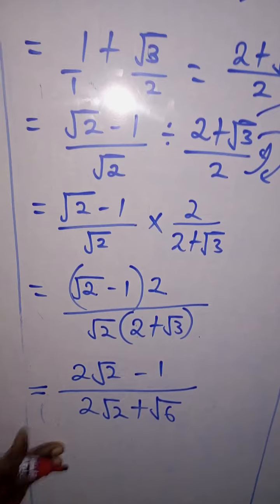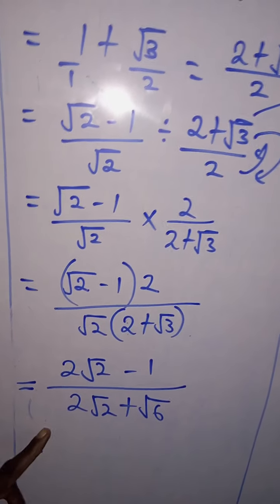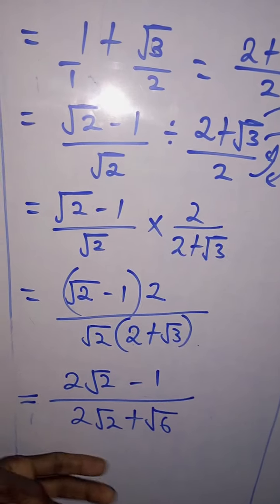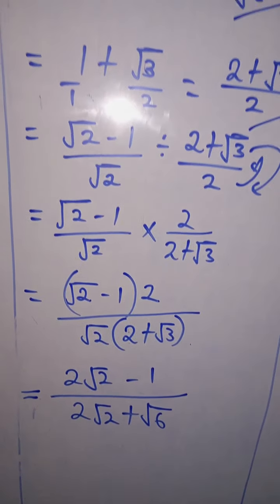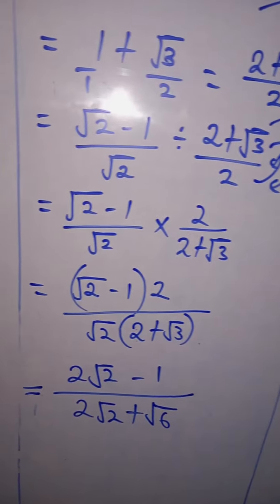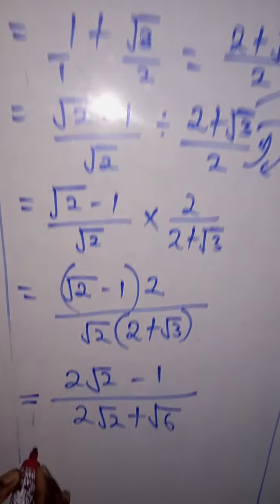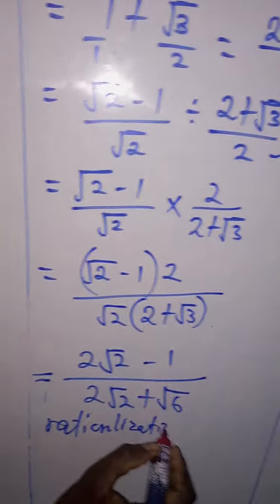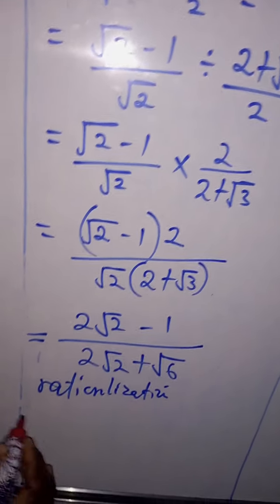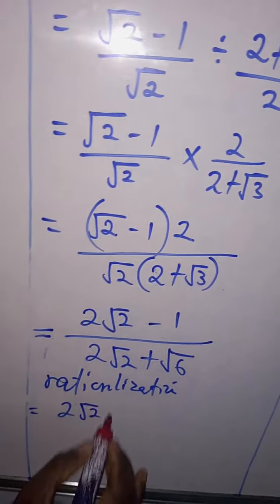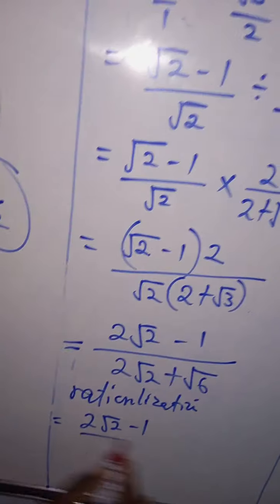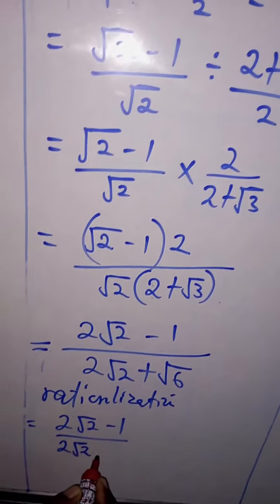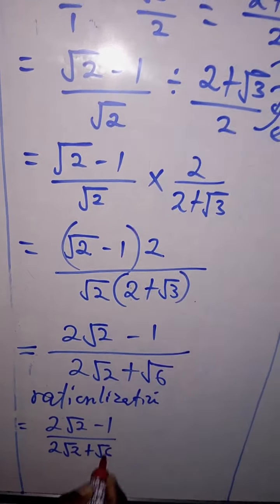Now, if you look at this, you will see that I can't leave my answer in this form, since a surd has to be rationalized in order to be in perfect form. So I do rationalization. That will give me 2 root 2 minus 1 all over 2 root 2 plus root 6.